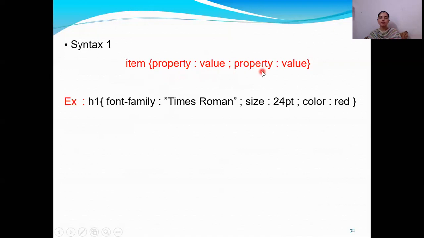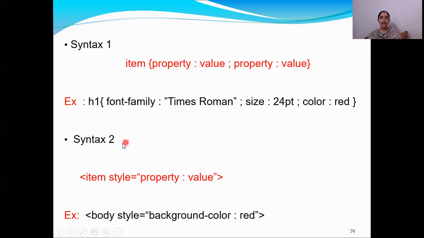Each property : value must be separated from the other with the help of a semicolon. So for the tag H1, I want to apply a style from the font family as Times New Roman, the size of it should be 24 point, and I want the color of it to be red. So this is how you show your CSS in terms of syntax 1.